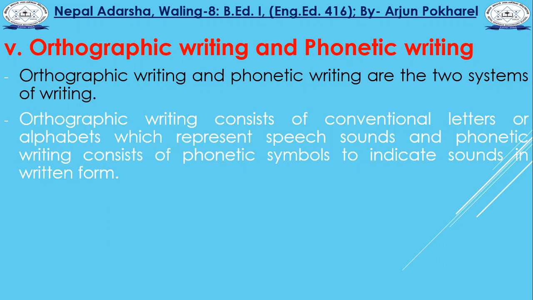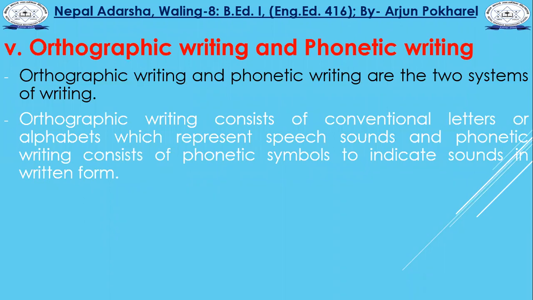For example, we say cat, C-A-T, and we write C-A-T. This is orthographic writing. And phonetic writing consists of phonetic symbols to indicate sounds in written form. That is, when we write sounds in written form, that is known as phonetic writing.